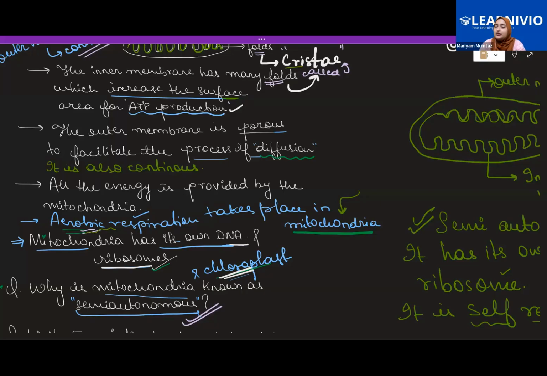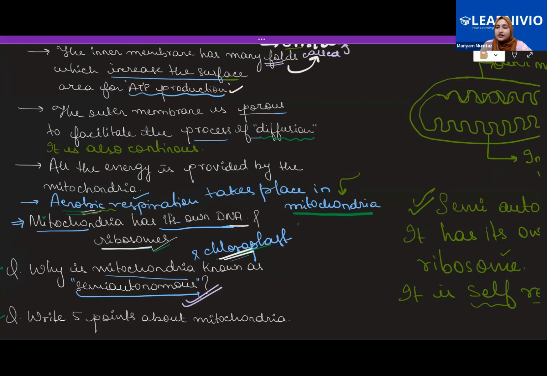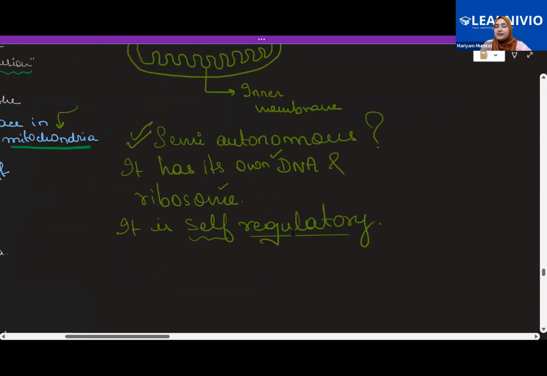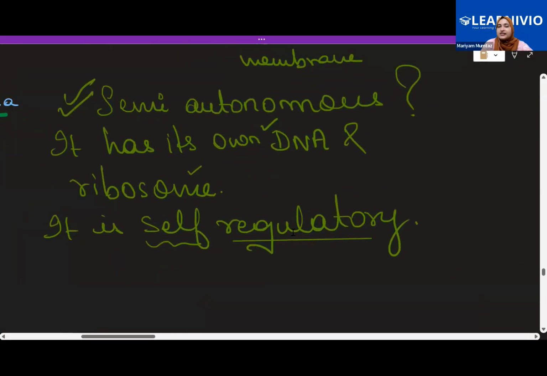Now, there is a very unique property about mitochondria, that mitochondria has its own DNA and it has its own ribosomes. Like the cell has DNA, the cell has ribosomes, but mitochondria, being a cell organelle, has its own DNA and its own ribosomes. And because of this very reason, we say that mitochondria is semi-autonomous in nature.